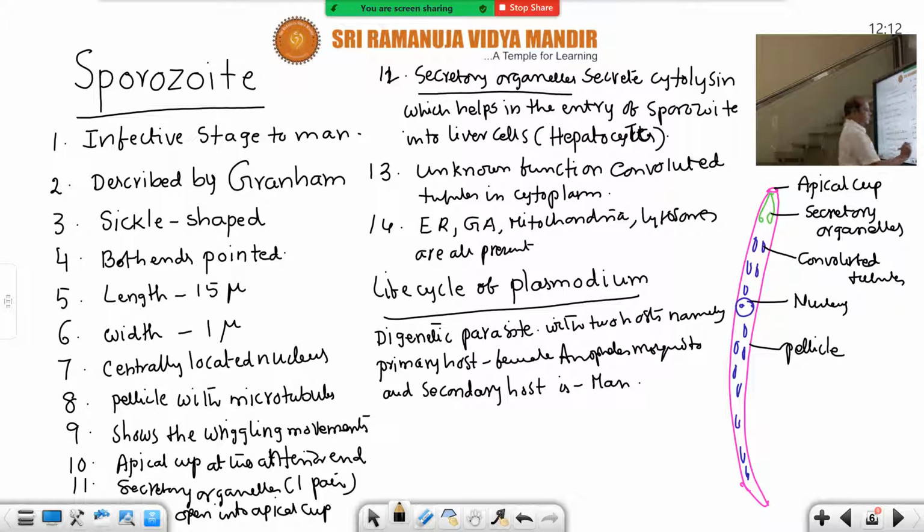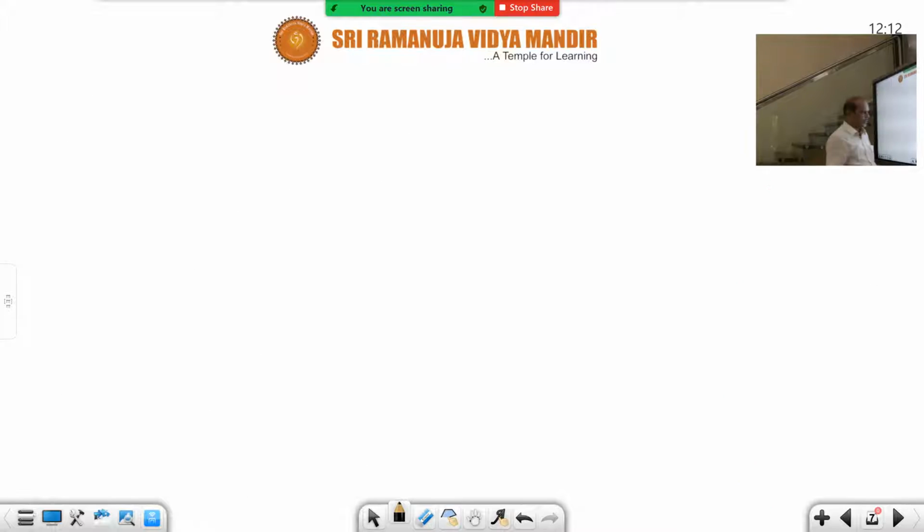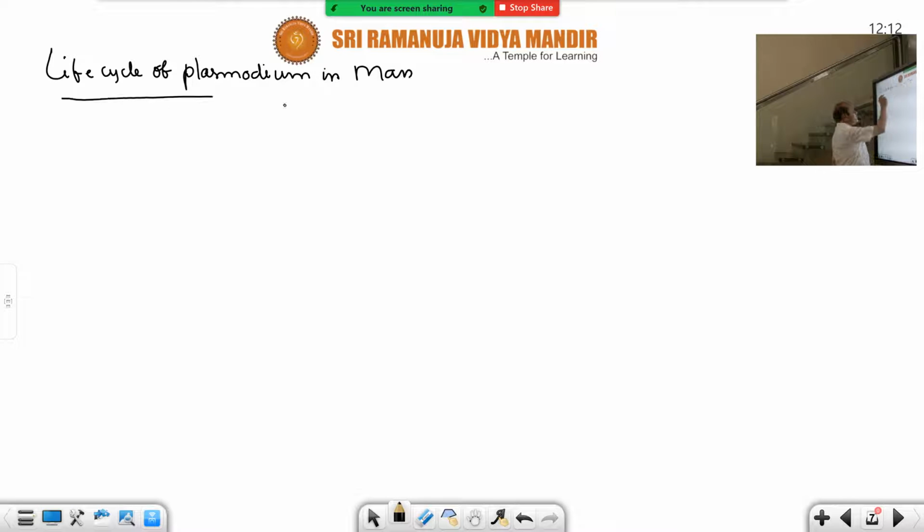So life cycle in man is our heading. Let us turn the page. Life cycle of Plasmodium in man. It is a compulsory essay question, you know.